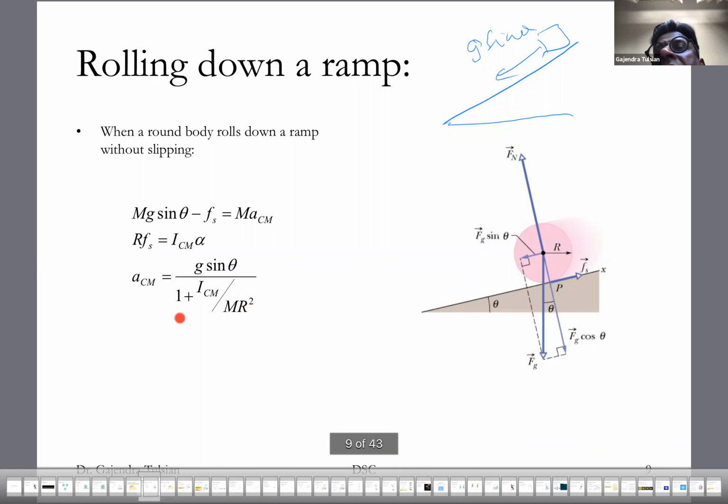And the greater this is, the smaller the acceleration. So an object rolling down the incline will have an acceleration smaller than an object sliding down without friction. That's what this expression tells you.